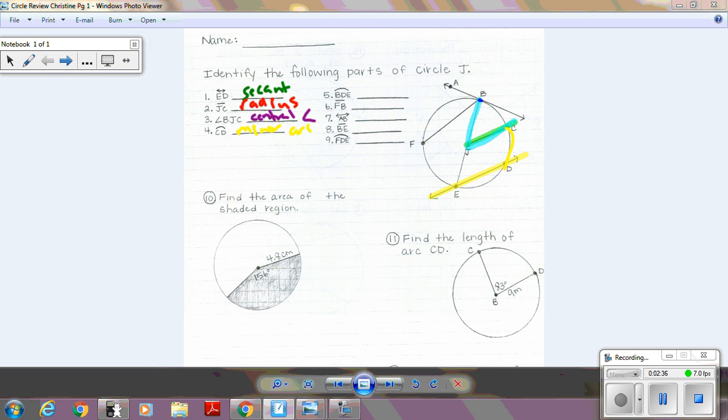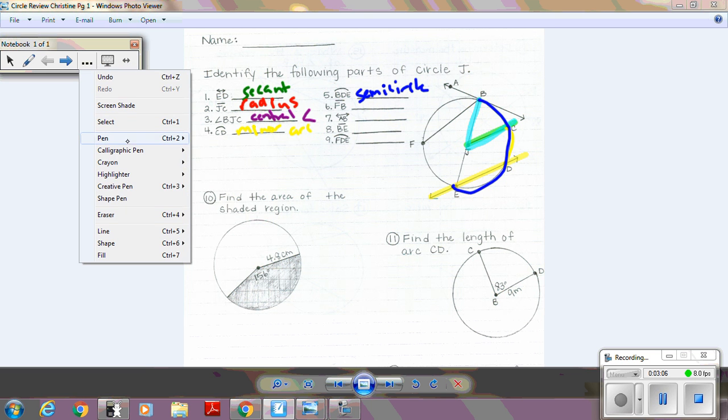Start at B, go to D, and then to E. Since arc BDE is formed by the line BE, which is your diameter, then that means arc BDE is a semicircle. Half of the circle.